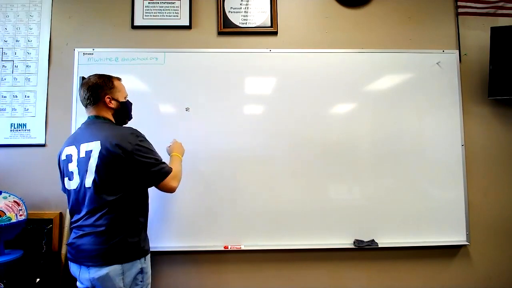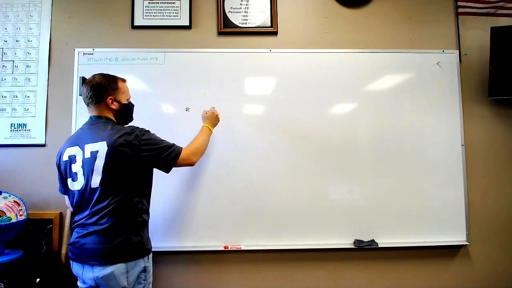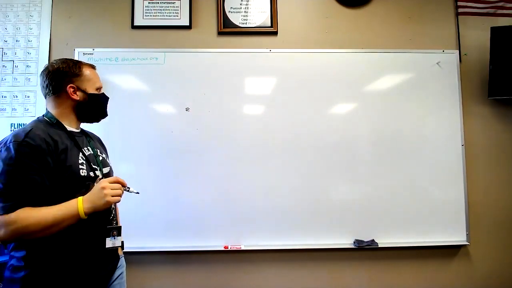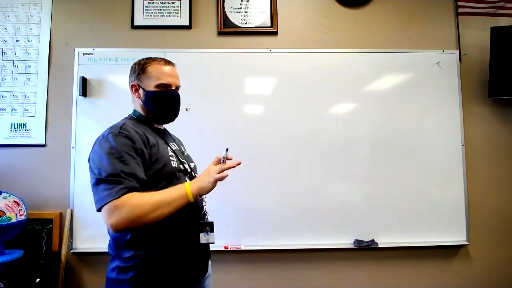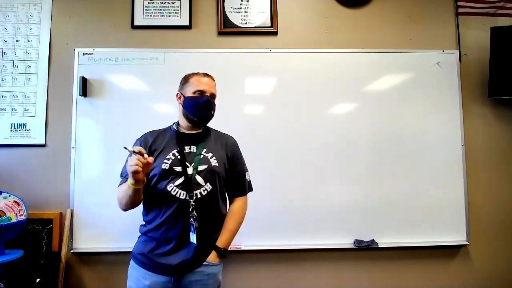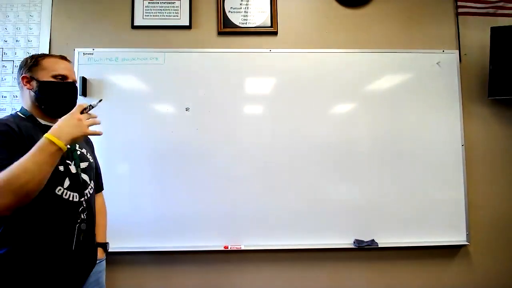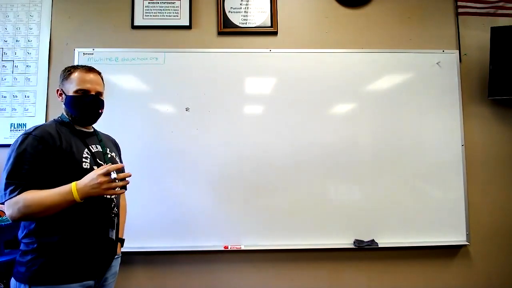Okay. And then surrounding that, in different locations, we have electrons. Now the fact is, these electrons can be just about anywhere. But they have certain areas where they're more likely to be.